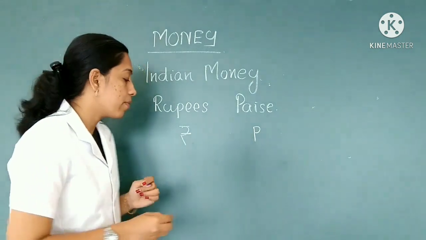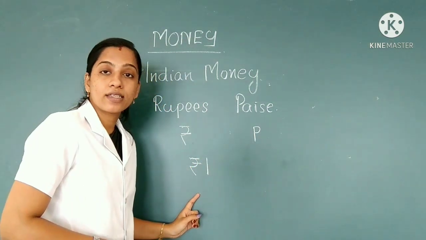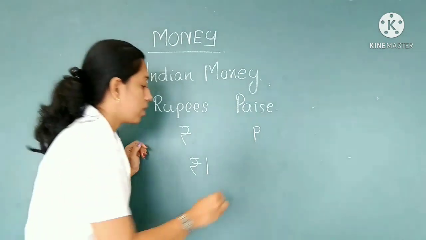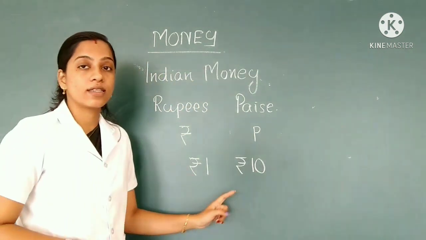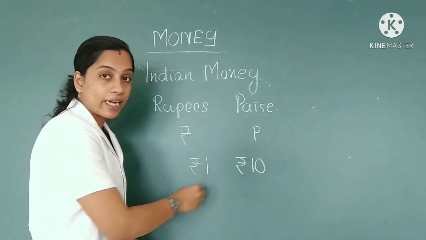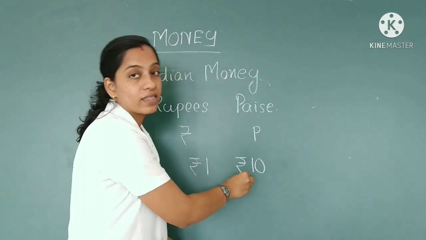Let us see one example. How do you read this? Yes, this is 1 rupee. Okay. One more. Tell me children, how do you read this? Yes, this is 10 rupees. Right? We can read this as rupees 1 and this rupees 10.